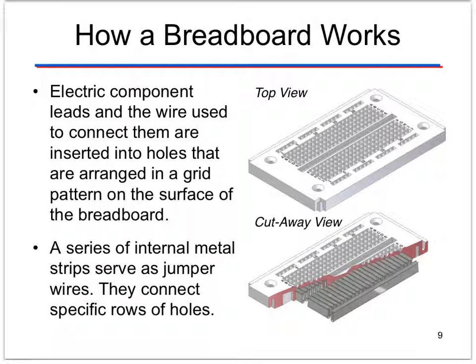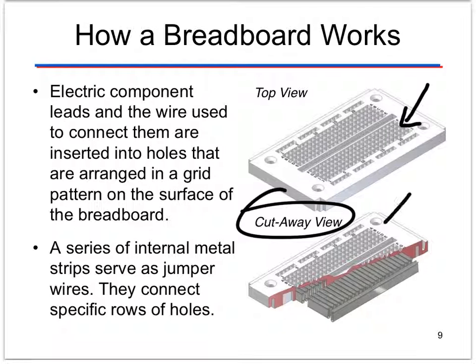Okay, so how does a breadboard work? Well, electric component leads and the wire used to connect them are inserted into these holes. You can kind of see the holes there. And the holes are arranged in a grid pattern on the surface of a breadboard. If you look at the cutaway view here, you'll see that a series of internal metal strips serve as jumper wires that connect specific rows of holes.